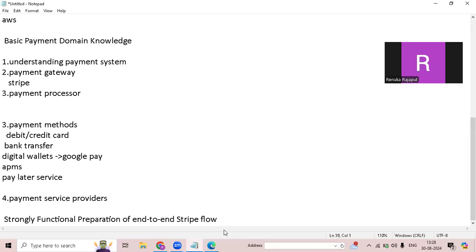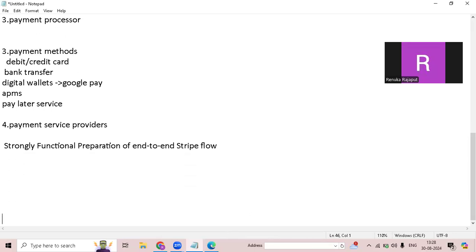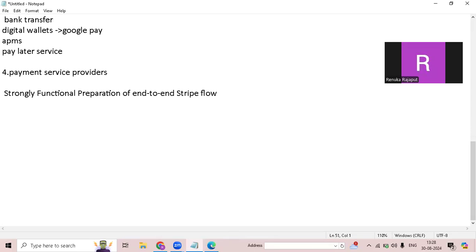the functional preparation of the Stripe flow. So here, Stripe is very important. Stripe is a popular payment service provider.